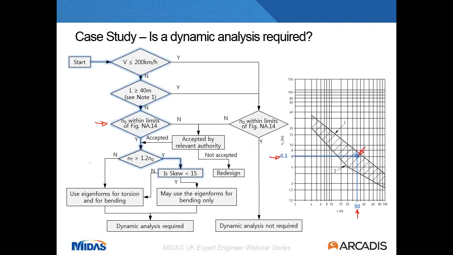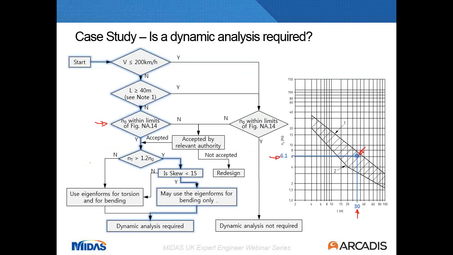We can continue. Right, is skew less than 15 in this case? Skew is 0. So we continue. And the code is telling you that you may use only the bending mode for your dynamic analysis, but definitely a dynamic analysis is required for this kind of structure.